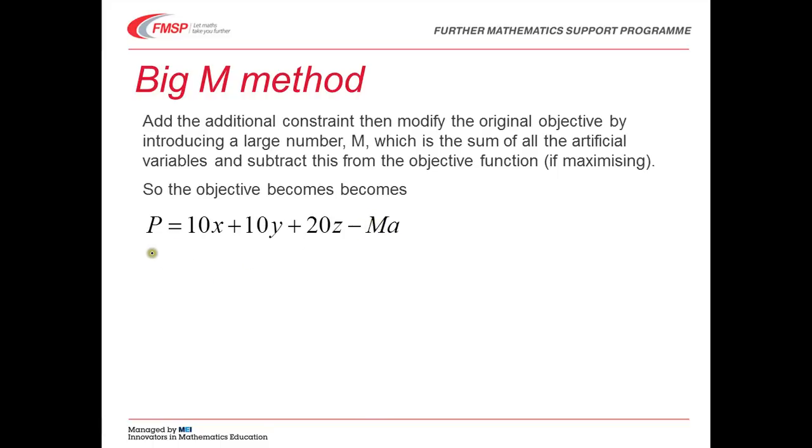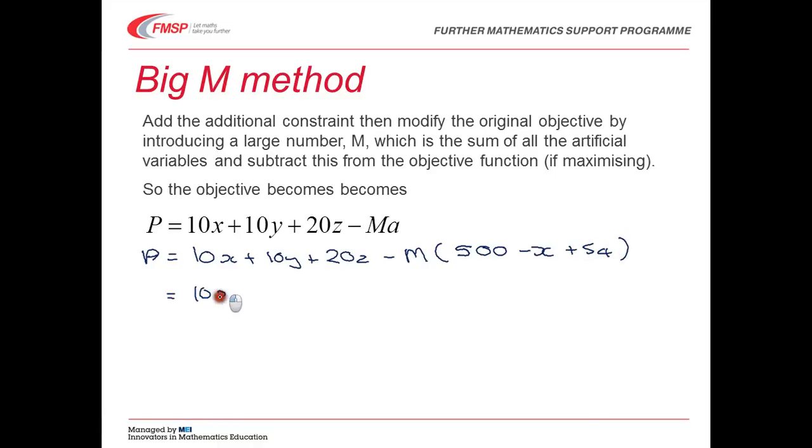And of course we know what A is from before. A was 500 minus x plus S4. And when we tidy that up, we're going to have something that looks a little different.